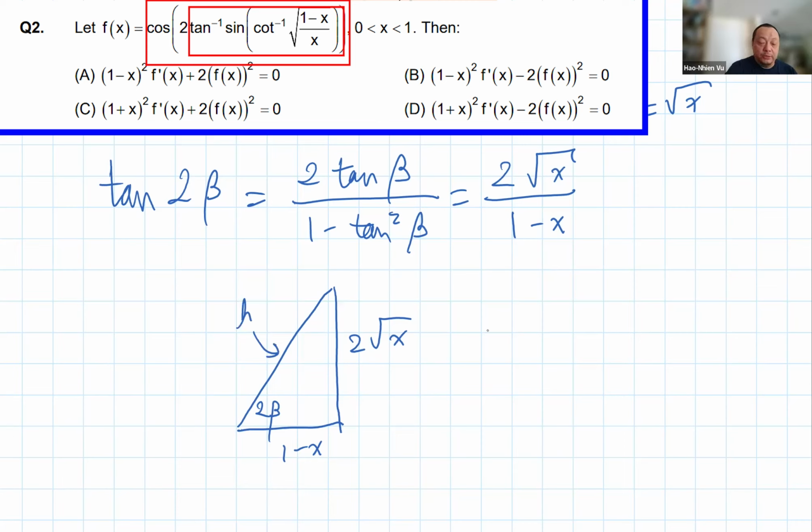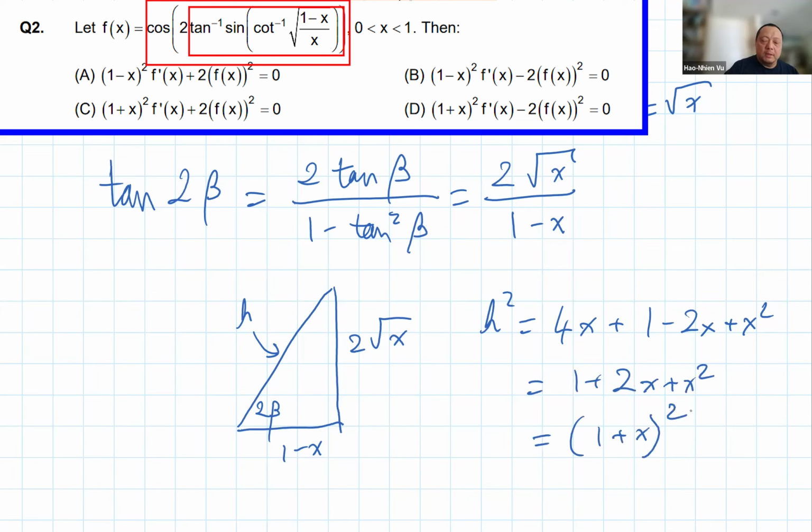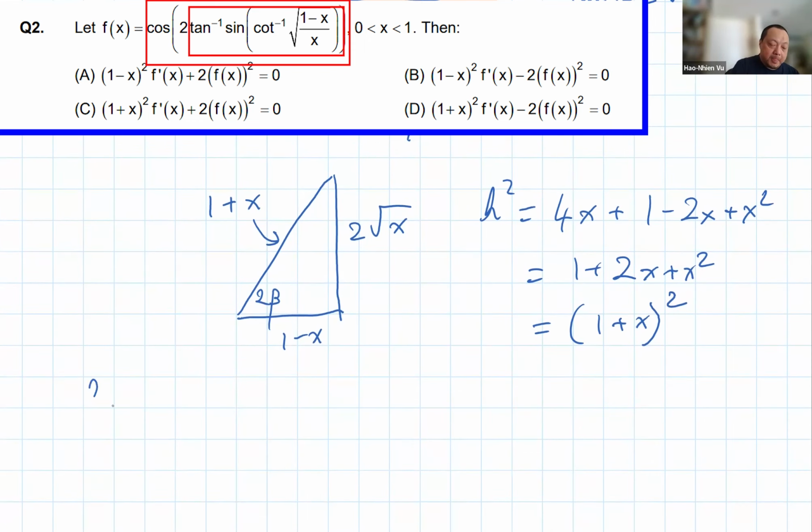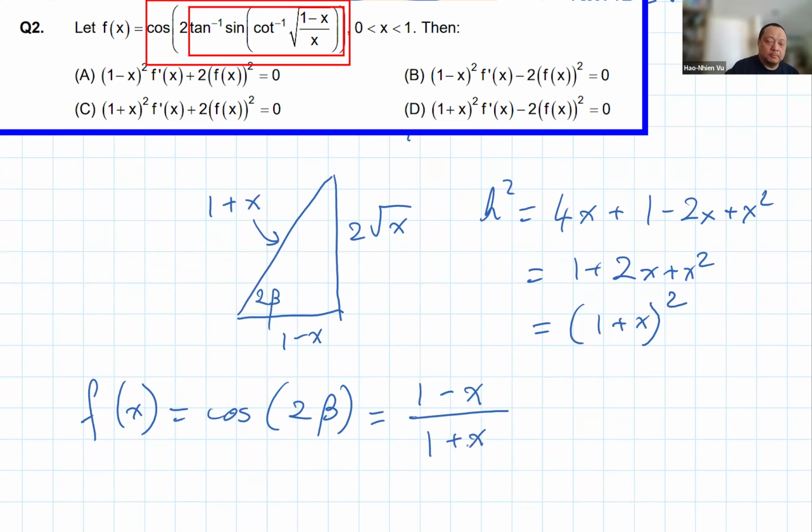Again, looking for the hypotenuse. And the square of the hypotenuse is a perfect square, so that's really nice. That means the hypotenuse is 1 plus x. And the question asks for cosine of 2 beta, so cosine it is. So I have simplified f(x) to this simple ratio.